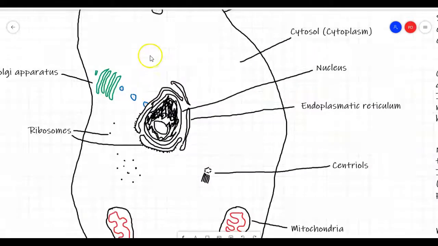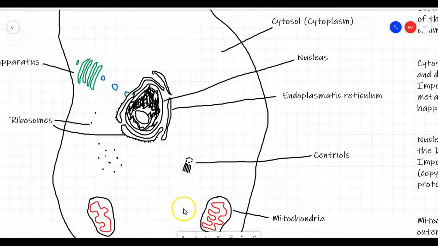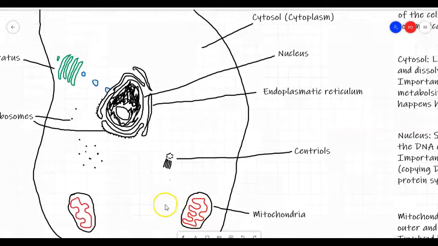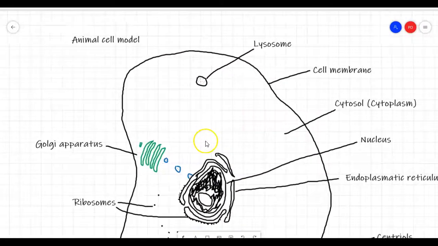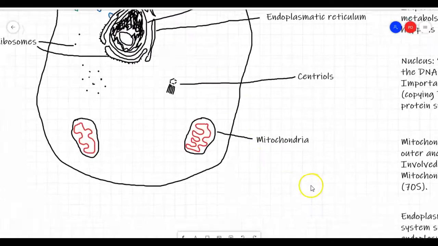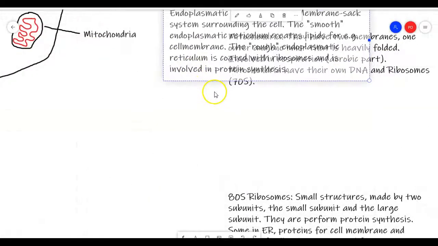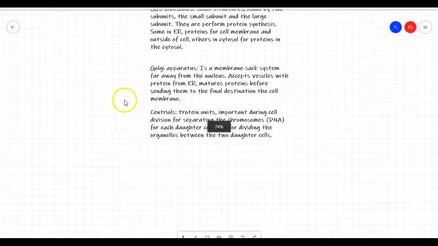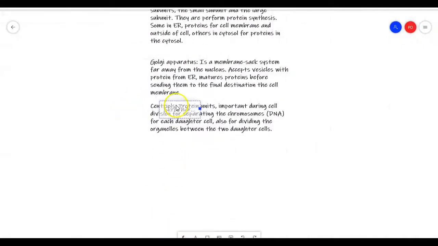It can also fuse with a mitochondrion if the mitochondrion is bad, and then the mitochondrion will break down. So it's like housekeeping within the cell. And some authors say that lysosomes are unique for animal cells.